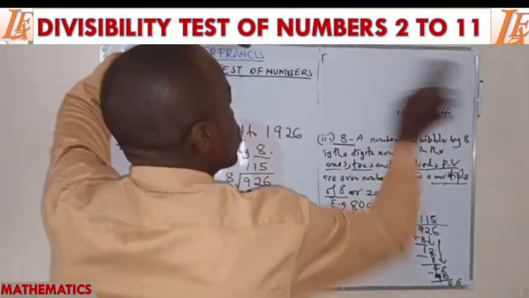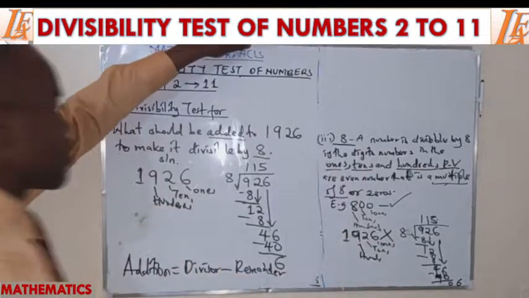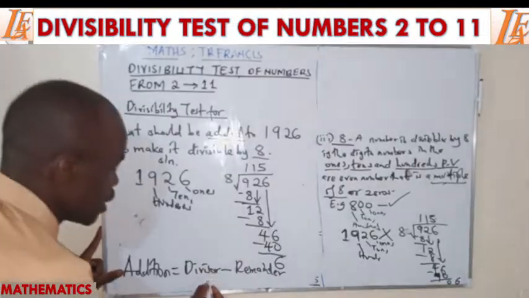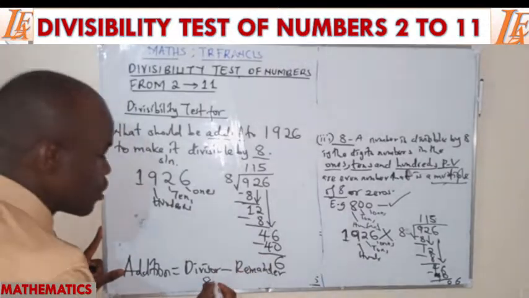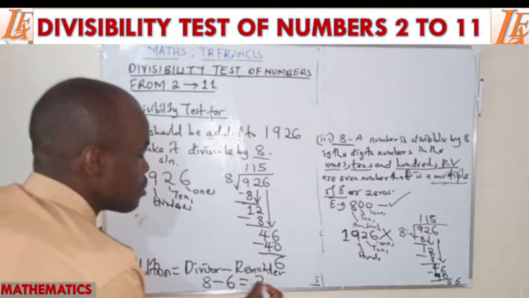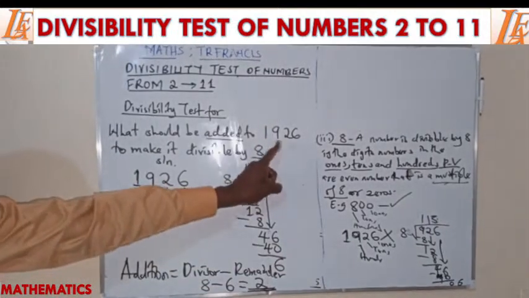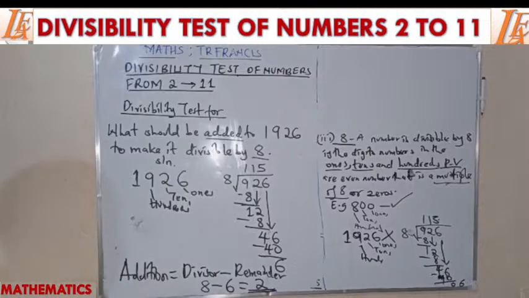So to find what should be added to 1926, we take the divisor, which is 8, minus the remainder, which is 6, and our answer becomes 2. So if 2 is added to 1926, the number will be divisible by 8.